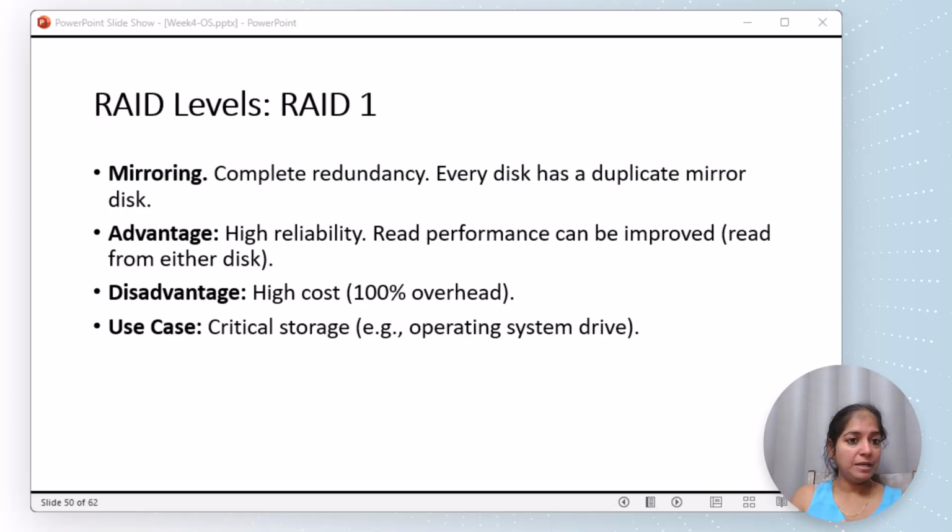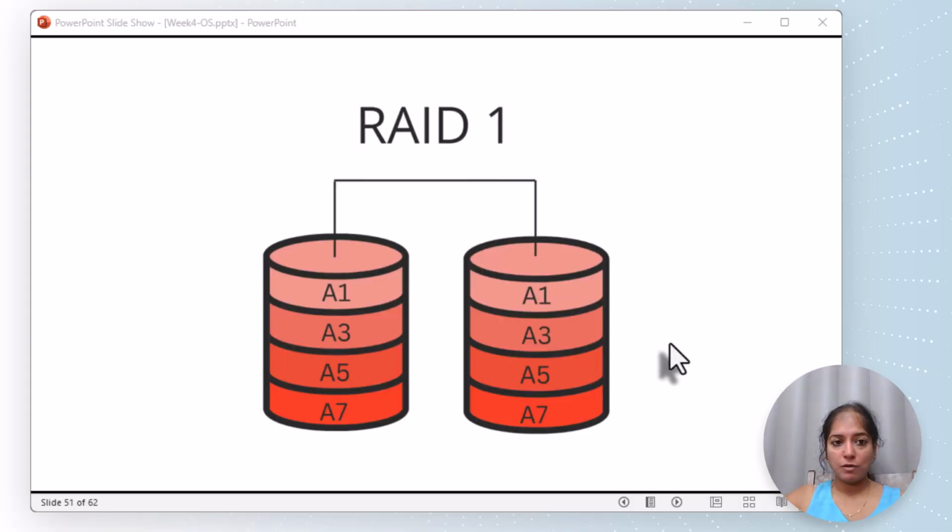The advantage is high reliability, and read performance can be improved because you can read from either disk. The disadvantage is that it is costly, 100%, because you are performing the same operation twice, in the original disk as well as in its duplicate mirror. It requires a lot of storage.